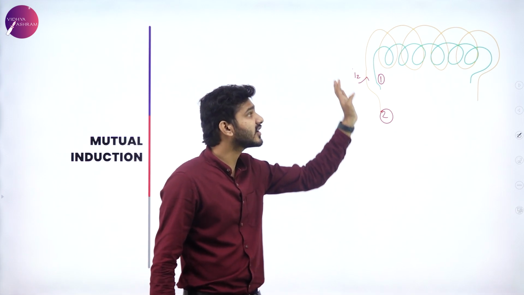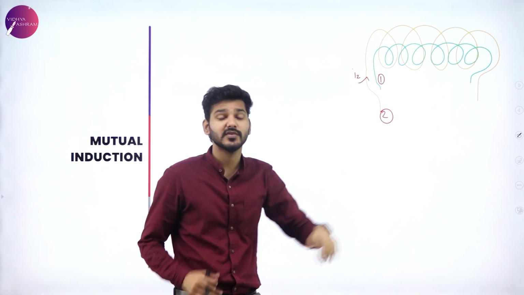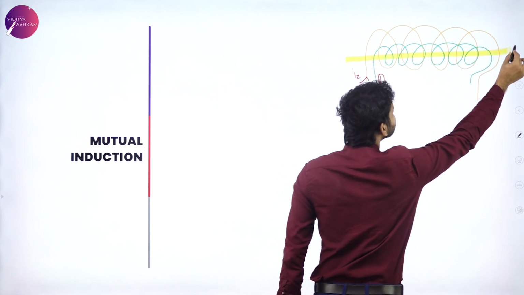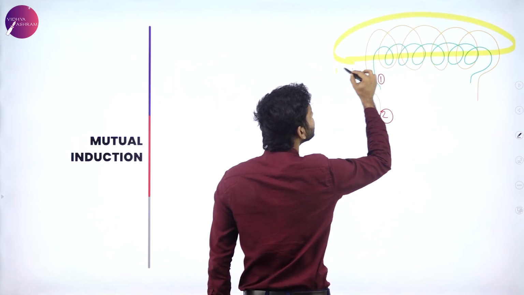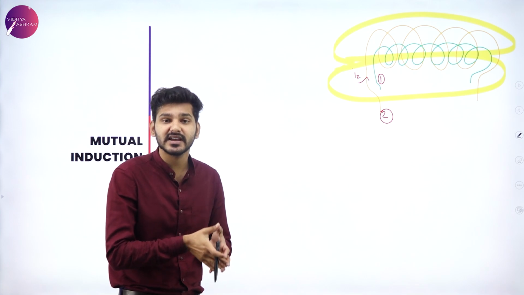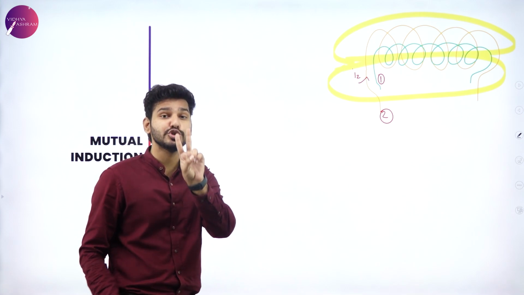So I2 amount of current is passing through the second coil, which means there is a flux being developed inside this particular coil 2.